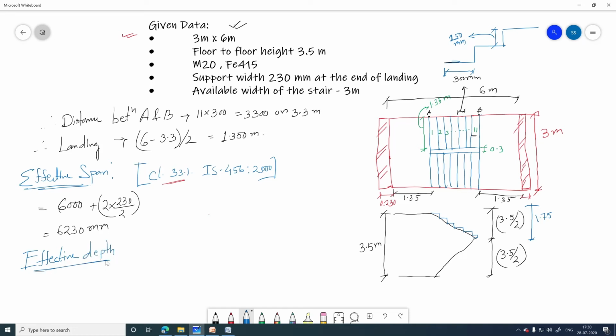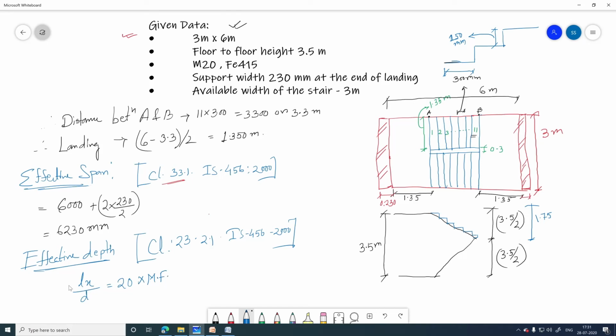So, this is the common thing, and if we consider clause number 23.2.1 of IS 456:2000, we know the span by depth, that means Lx by d is equal to 20 for the simply supported case, the maximum value, into the modification factor.